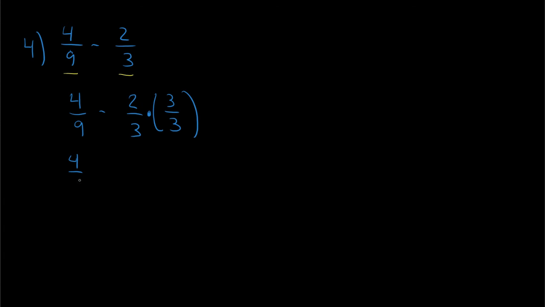Okay, bring down 4/9 again. Minus, here's our multiplication rule. Top times top, 2 times 3 is 6. 3 times 3 is 9. Now we have the same bottom number, so we just subtract 4 minus 6 on the top is going to give us a -2, keep the bottom number over 9. And we're done.